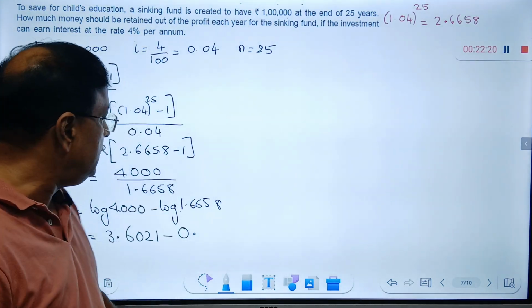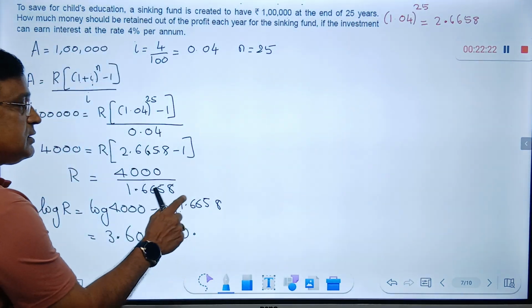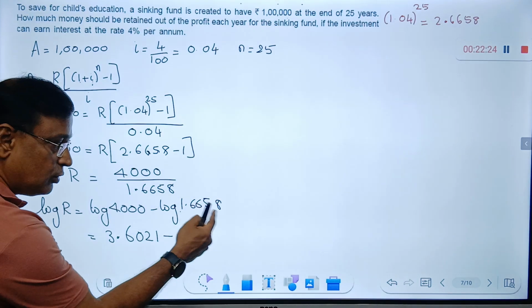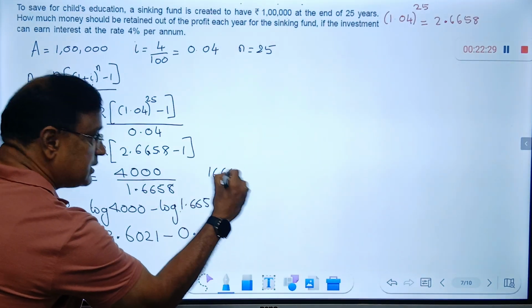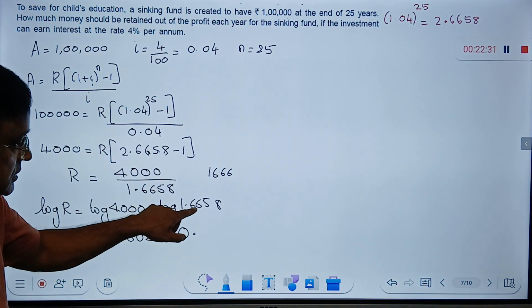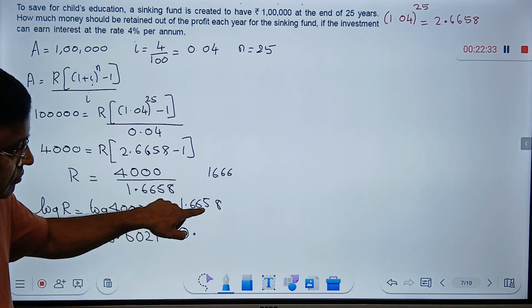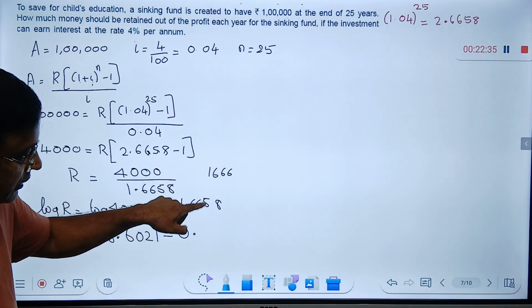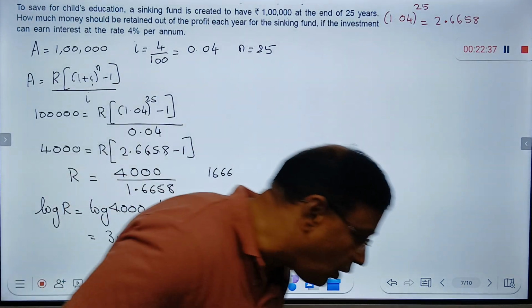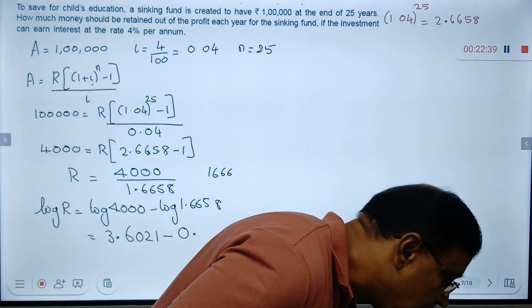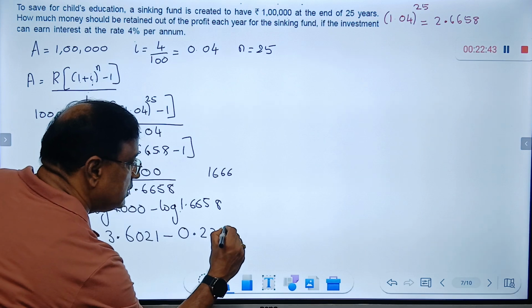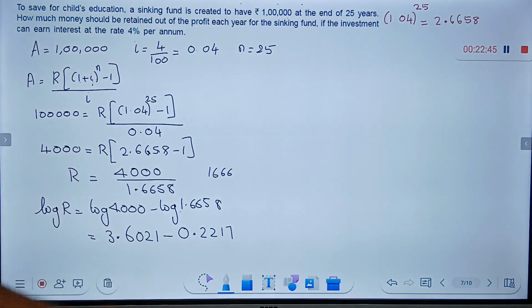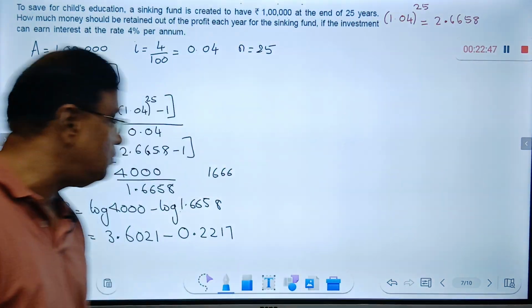Here you can look at 1666, you can round it off to 4 decimal places. You convert this 8 to 10 so that it becomes 1 here. Am I clear? So when you take log of that, it will be 2217. I have done the calculation, so 2217.